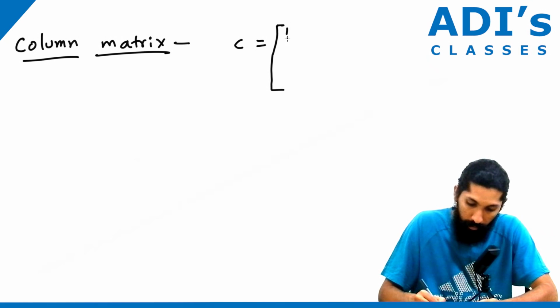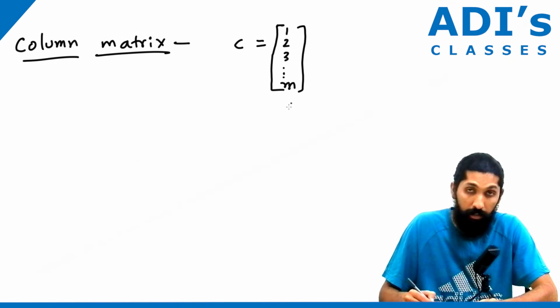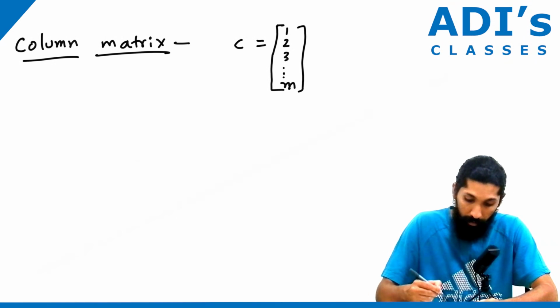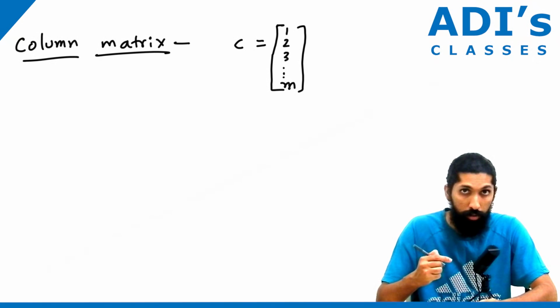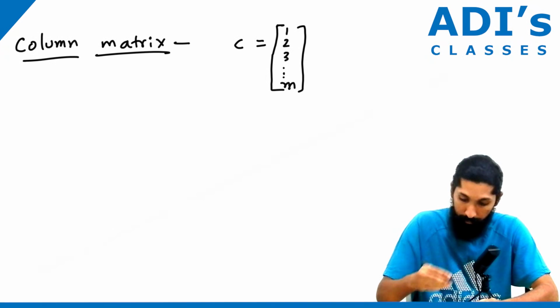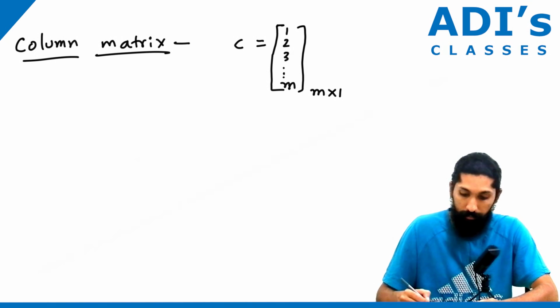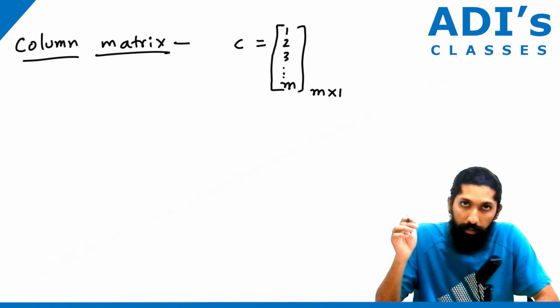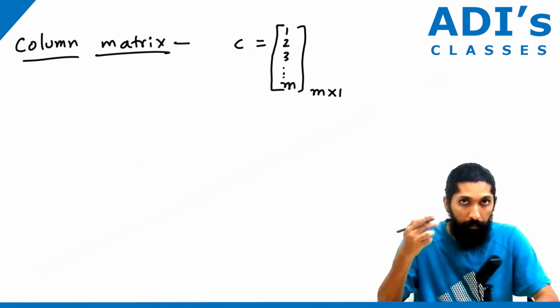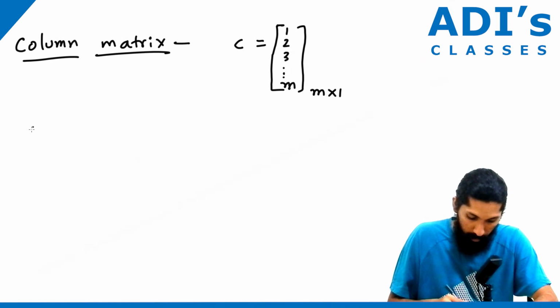So say 1, 2, 3, n number, or say m, because generally rows are represented by m, right? But if you look at it, there are m rows but only one column, right? So this can be written as m cross 1.